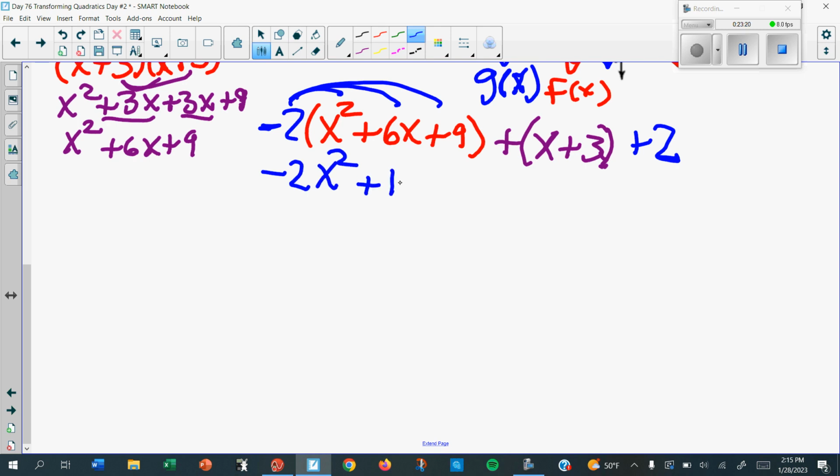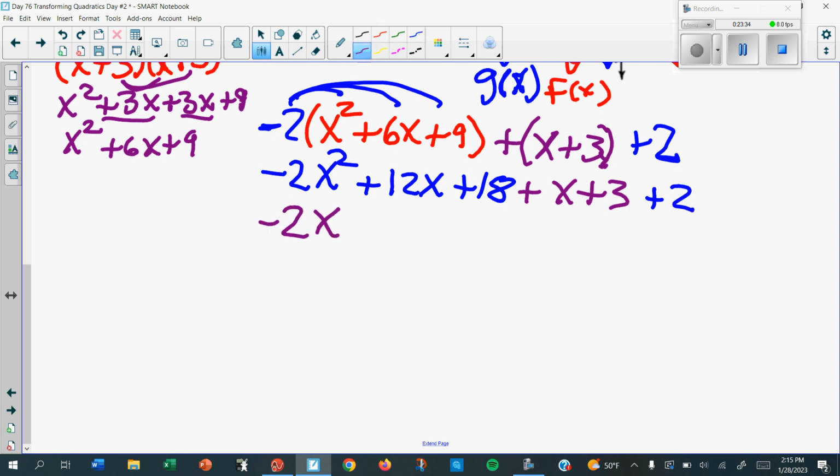You get plus 12x plus 18, and we'll still write the plus x plus 3 and that plus 2 at the end. So now you just got a lot of combining like terms. So the negative 2x squared didn't have any friends. 12x plus x is 13x, and 18 plus 2 is 20.